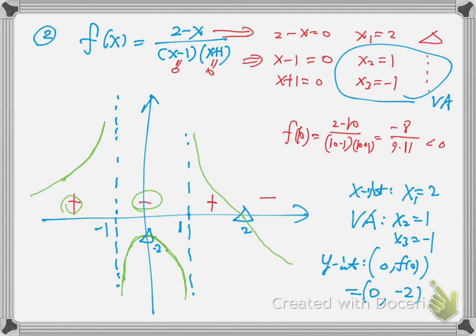Another understanding is you use degrees: the largest degrees of numerator and denominator. The top has degree 1, the bottom has degree 2, so the horizontal asymptote will be 0. So y equals 0 is the horizontal asymptote. Okay, that's our review video.